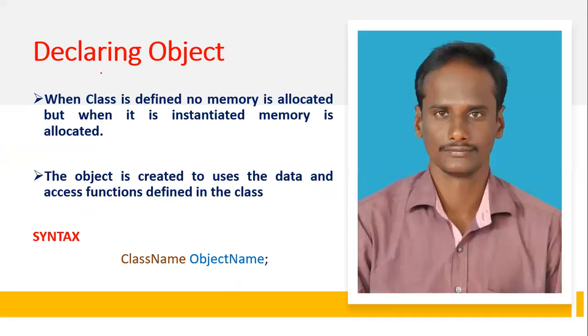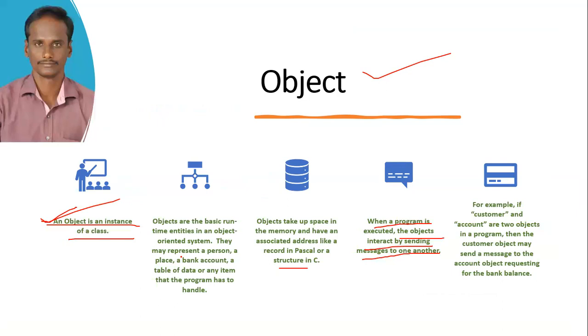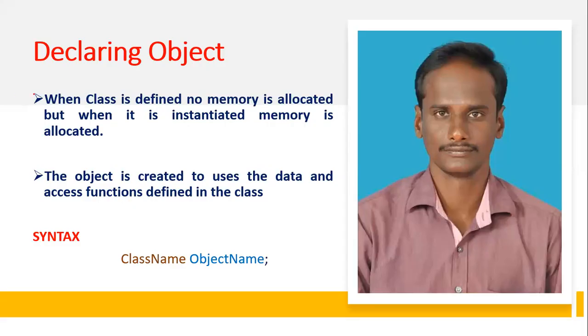How are we declaring an object? What we discussed here is, if we have defined a class with data members and member functions, they are accessed by the instance of the class. What is the instance of the class? The object. So if we want to use this object, we should declare it. When a class is defined, no memory is allocated.